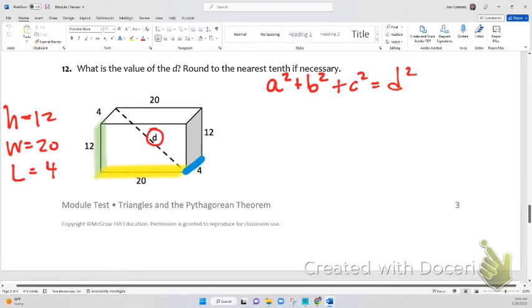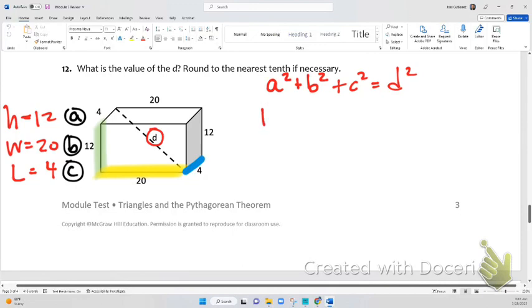The height, the width, the length can be used interchangeably with whatever letter you want. The only letter that cannot be used is the letter D. So to make my life easy, I'm going to call the height the A, the width the B, and then the length the C. So then I'm going to come back here into my theorem, and I'm going to plug everything in.